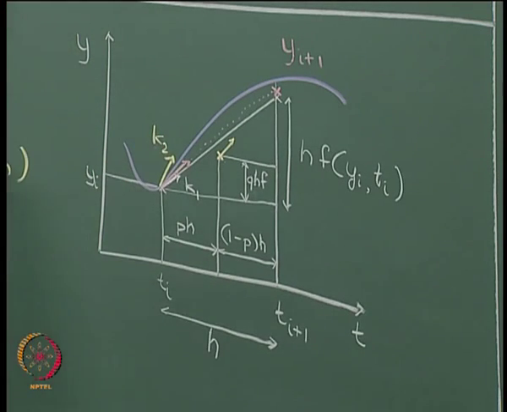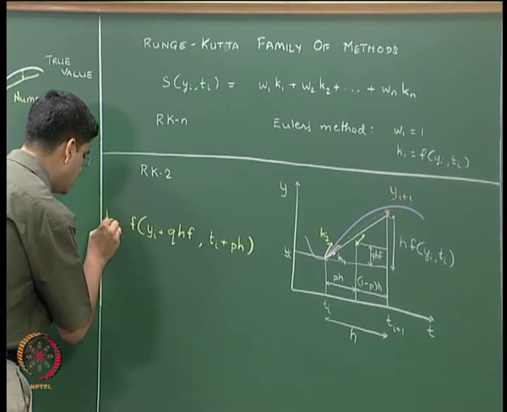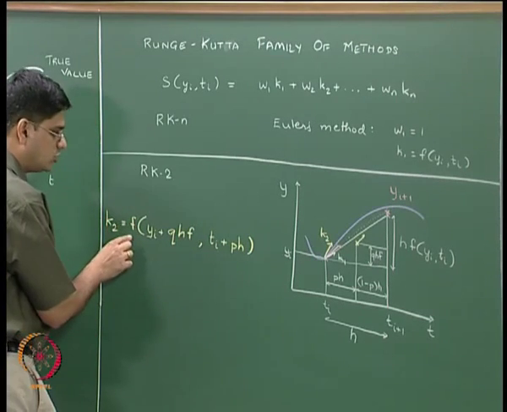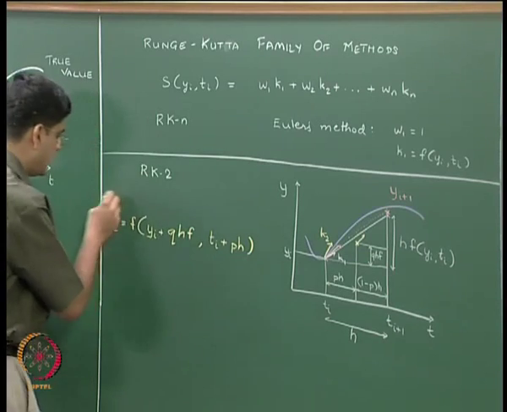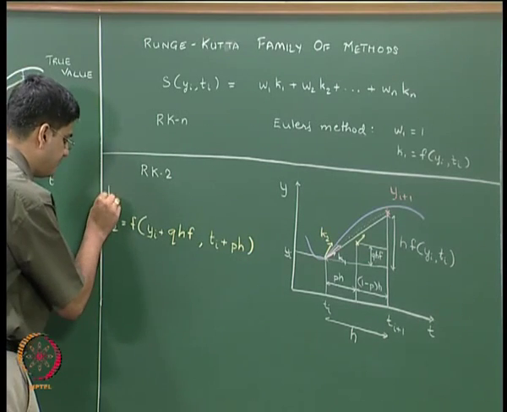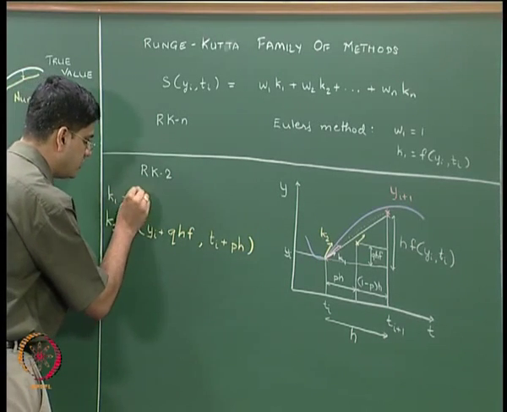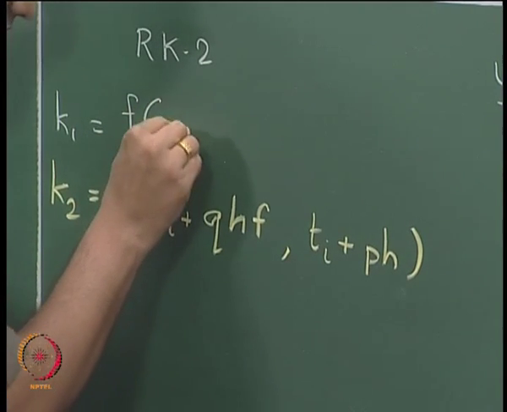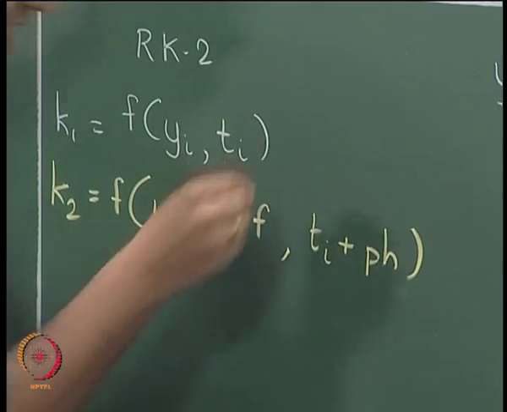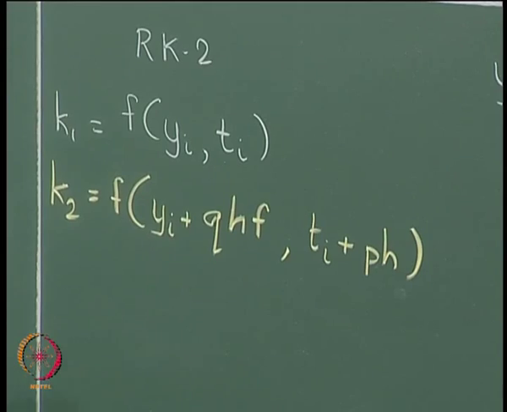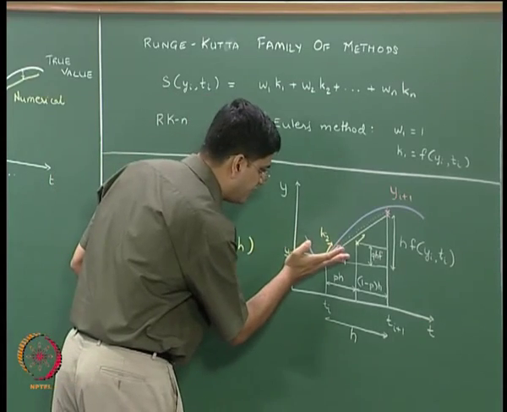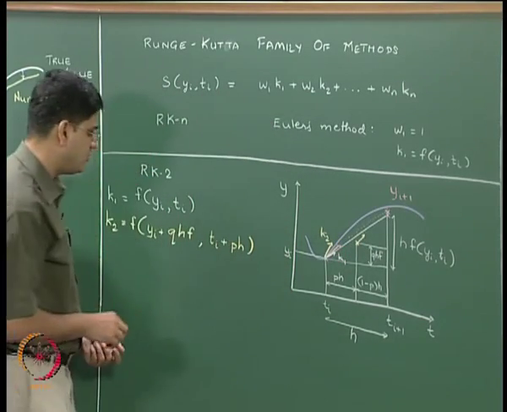So, I am going to say k2 is going to be equal to f of this guy, and I am going to write k1 is going to be equal to f at yi comma ti. Okay. So, k1 is nothing but the slope computed at yi comma ti.